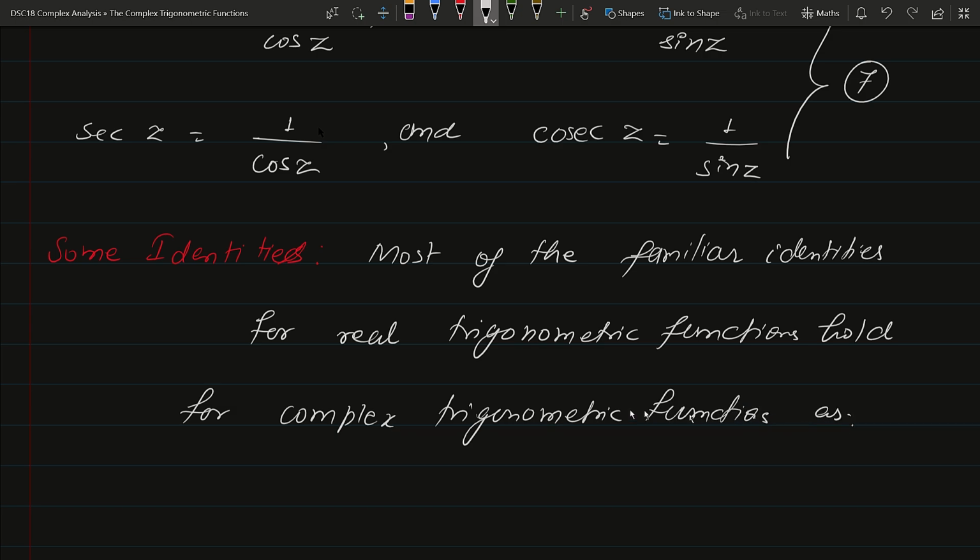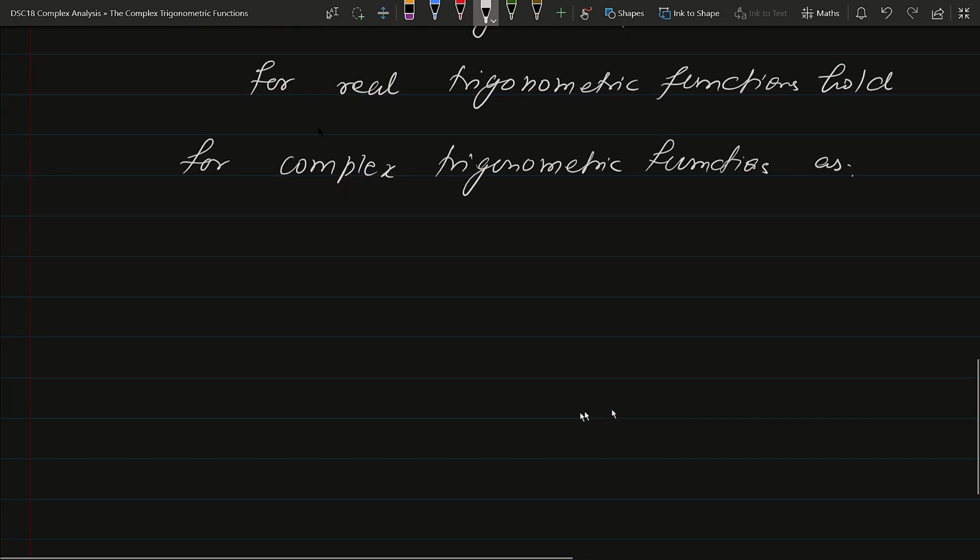As you can see, if I talk about the first identity, then you can see if I want to identify what is sine minus z. Okay, so by the formula I just need to replace z by minus z only. So it will be equals to e to the power iota minus z minus e to the power minus iota minus z over 2 iota, right?